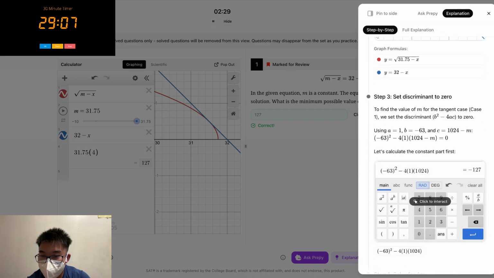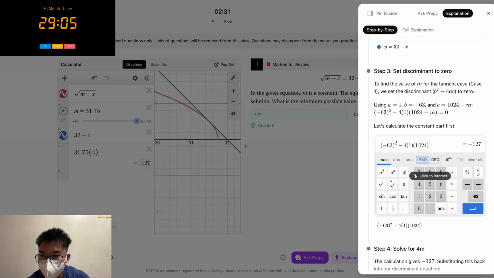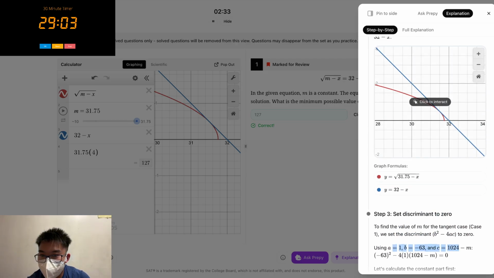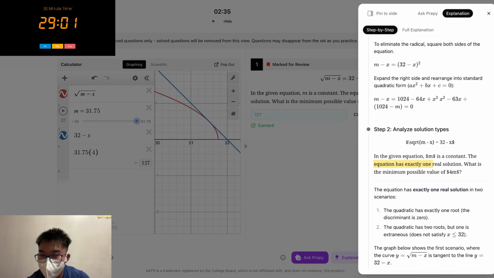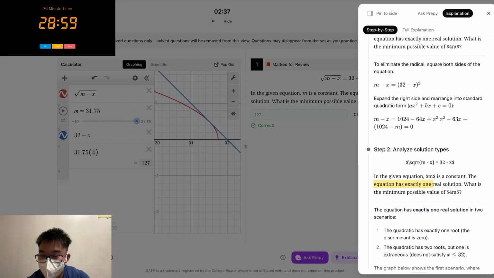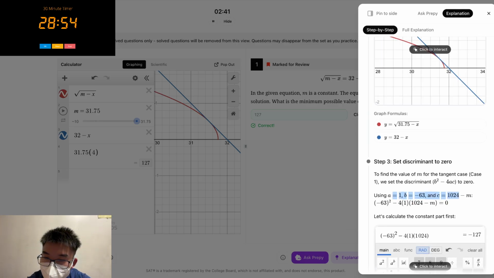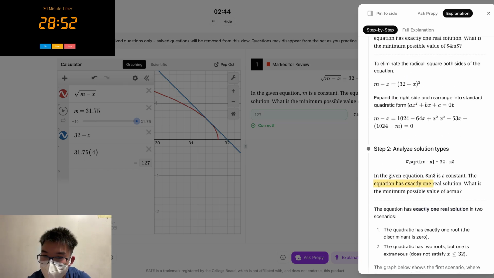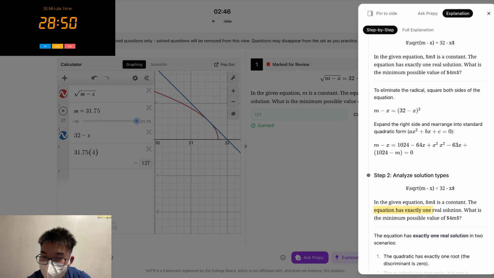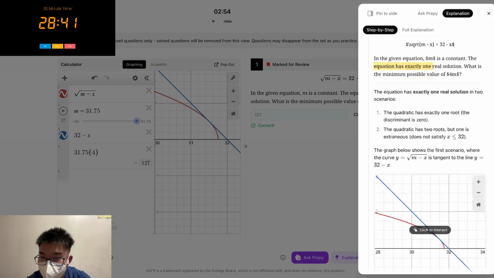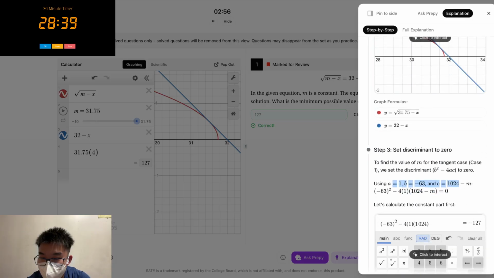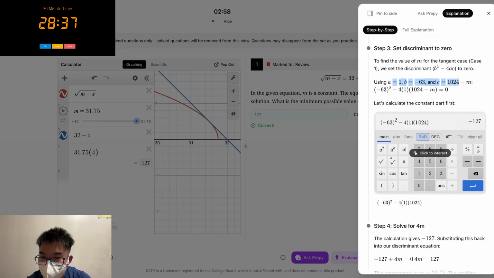Then you get the discriminant, then you get the tangent. So b is equal to 1 because negative 41 and negative 3. And then you get negative 2, 1, negative 27.